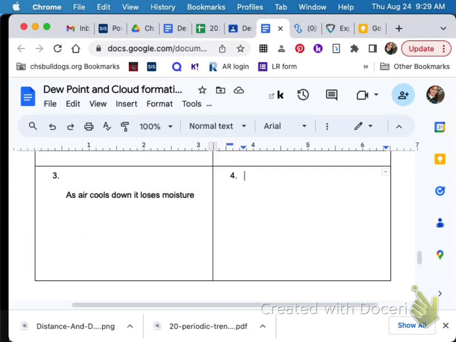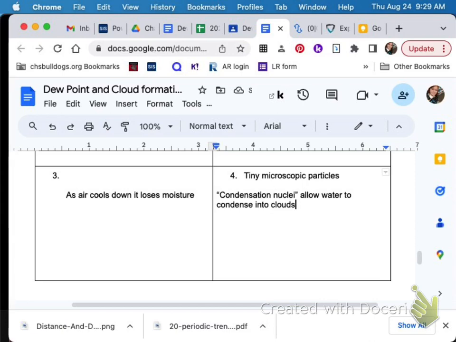So what it needs is tiny microscopic particles, which we call condensation nuclei, to allow water to condense into clouds.